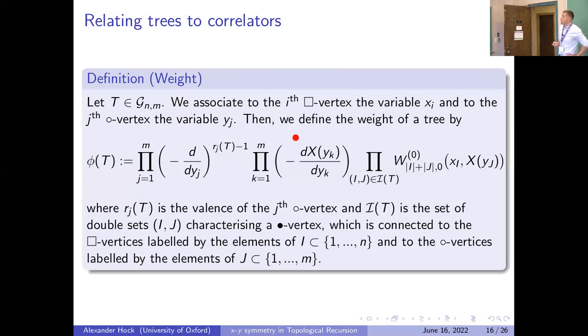Then you take the product of dx(y_k) over dy_k over all white round vertices. And the black vertices give you a W_{0,|I|+|J|}, where you take the cardinality of them, and then 0, x_i, and capital X of y_j. I hope this makes sense.